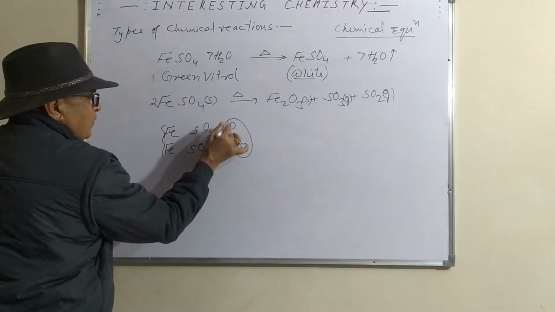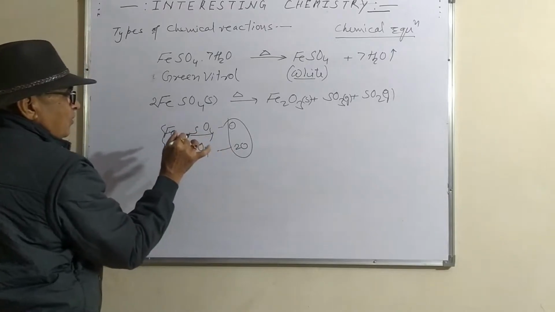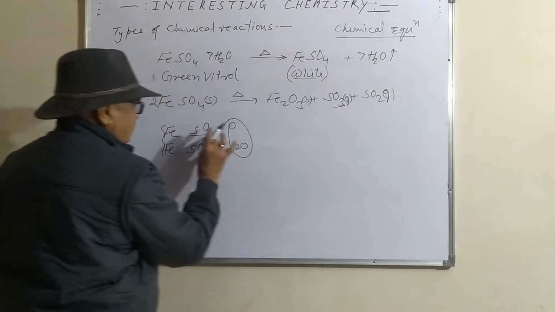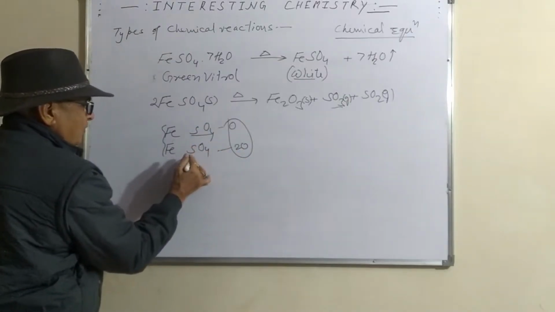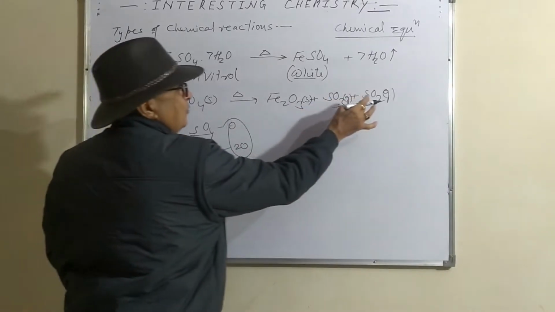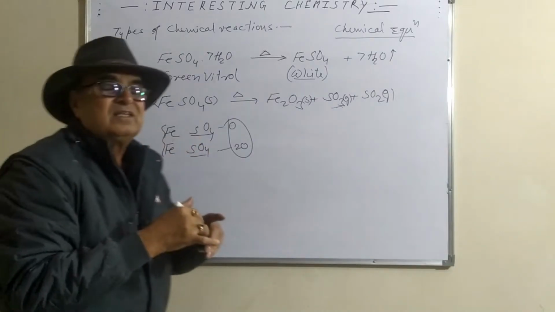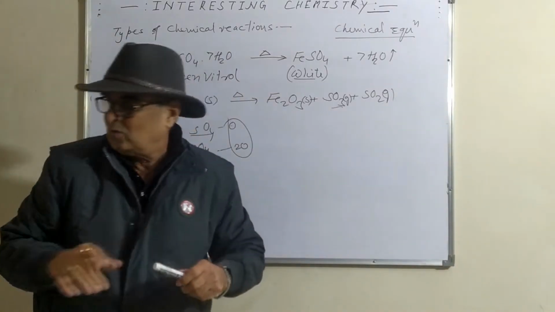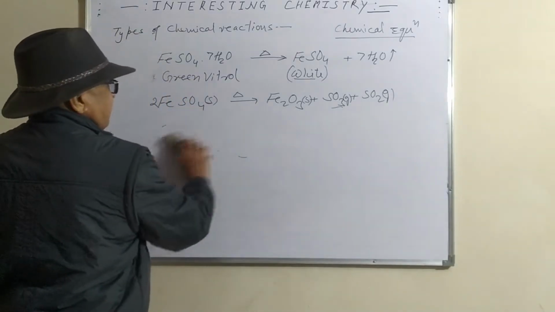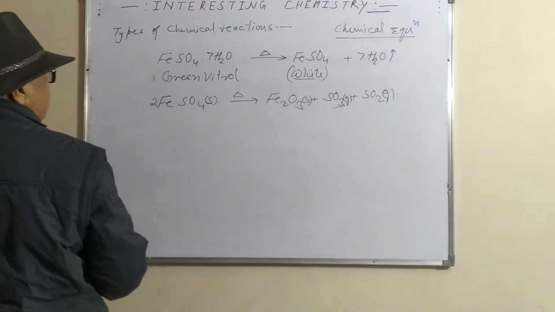Now when one oxygen is released, when SO4 loses 1 oxygen, it will be converted into SO3. When this SO4 loses 2 oxygen, then it will be SO2. So this is your extra work to understand the chemical equation, how the FeSO4 dissociates. So I understand.